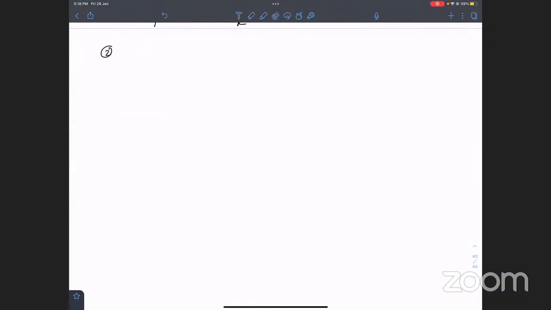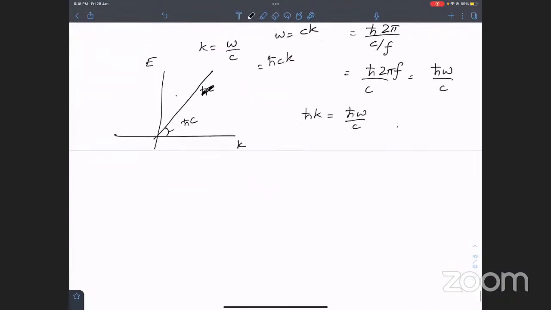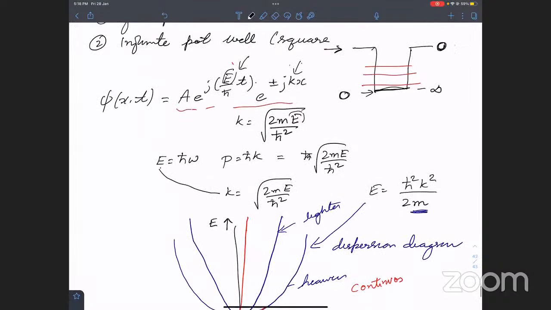I guess before I do that, let me clarify a few things again. This is the wave function for a free particle in vacuum, right? It is an energy eigenstate. It is also a momentum eigenstate. What is the use of this dispersion diagram?